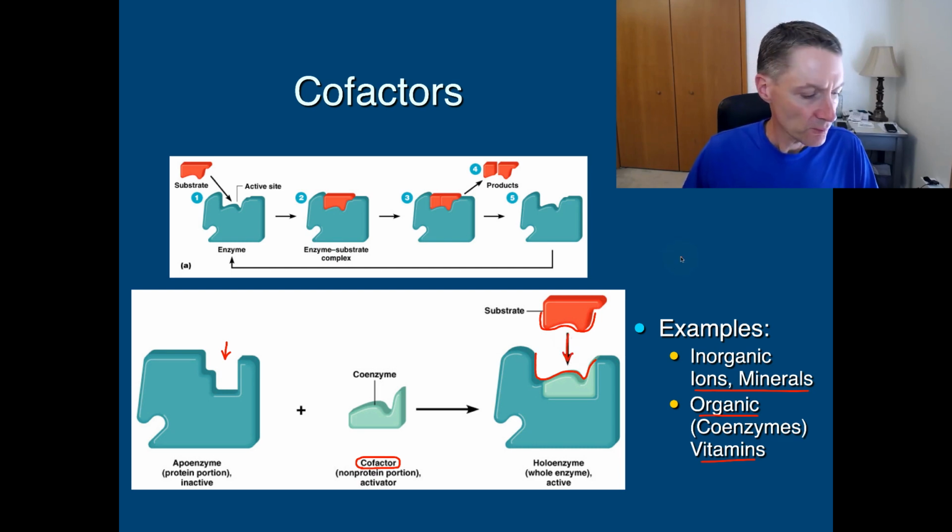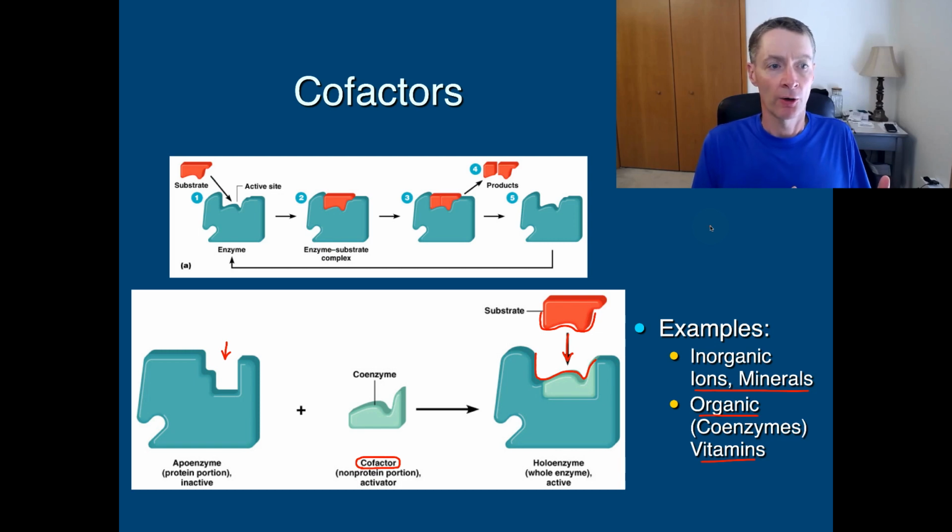All right? Now, we have to understand that enzymes like these are in some living things and not in others. And a lot of these living things are totally dependent on these enzymes in order to live, right?